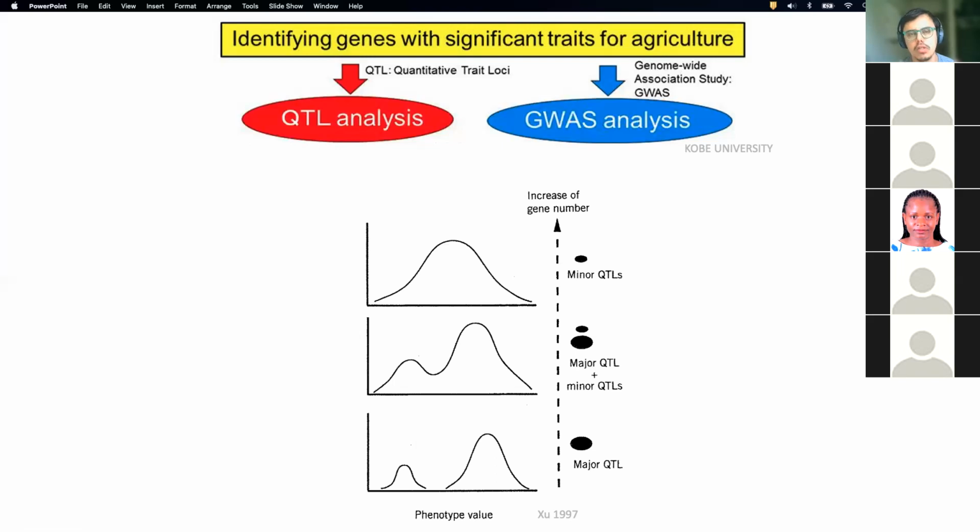One common strategy is to use the pedigree information, because remember the relation between the training population and the testing population, where you are going to do your predictions. The closer the general relationship, the better your predictions are going to be. So one common strategy is to select lines in the training population that have a pedigree relation with the testing population.